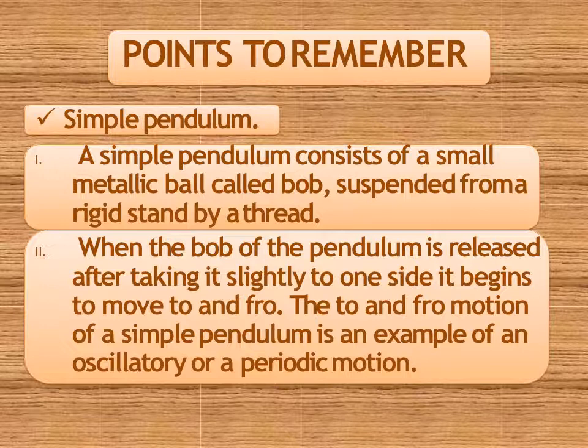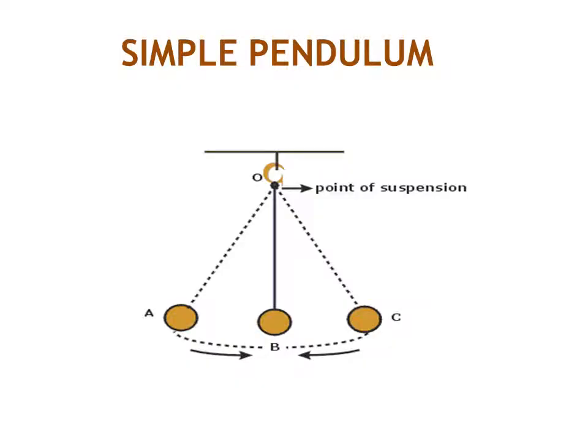Let's have a quick view of a pendulum. Here we have a simple pendulum, and as we discussed earlier, a bob is placed on a rigid stand. When it is slightly moved towards point A and released, it will come back to point B, then C, and back to B and A again.